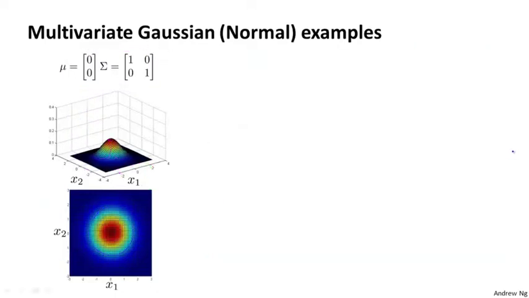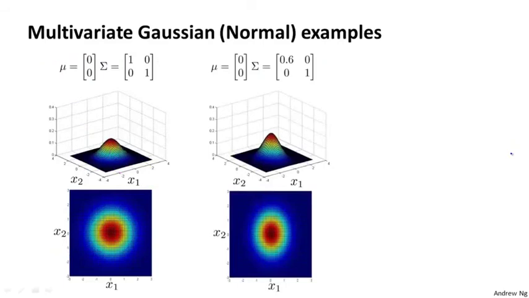Here are a few more examples. Now let's try varying one of the elements of sigma at a time. Let's say I set sigma to 0.6 there and 1 over there. This reduces the variance of the first feature x1 while keeping the variance of the second feature x2 the same. So with this setting of parameters, you can model things where x1 has smaller variance and x2 has larger variance.